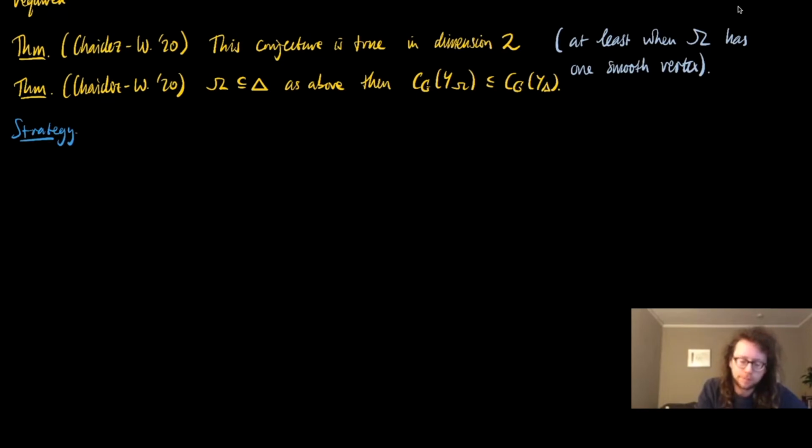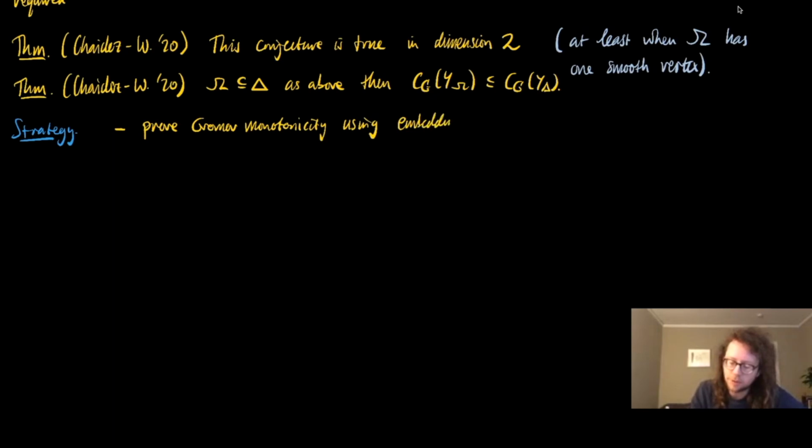Cool. So like I said, the strategy has two parts. First part is prove Gromov monotonicity. And how do we do that? We use some embedding obstructions in symplectic geometry that have some nice avatars in algebraic geometry.